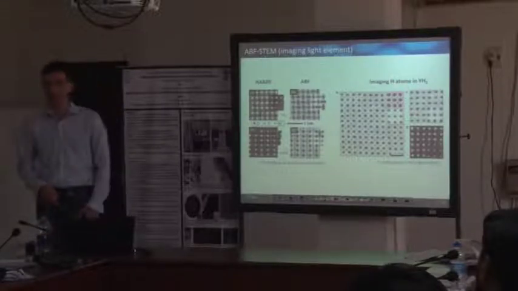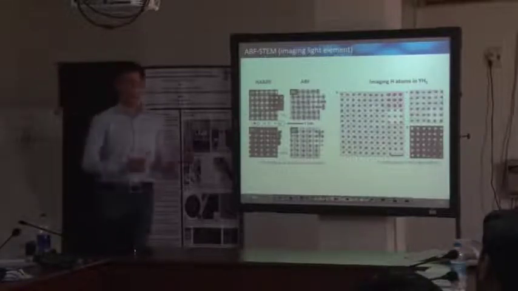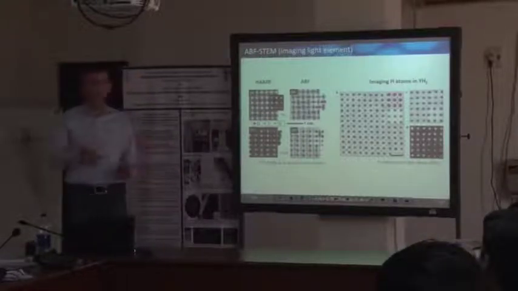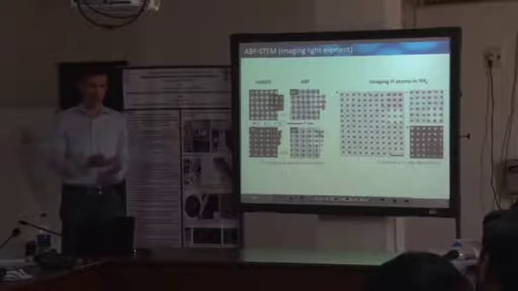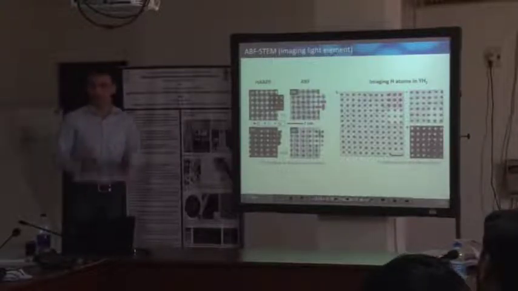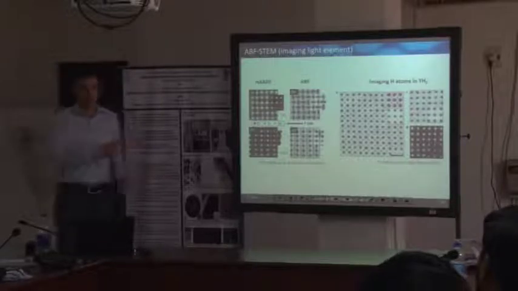New microscopes allow for the simultaneous recording of signals from different detectors, so you just insert all the detectors, acquire such a data set at once, and do all the data analysis afterwards.